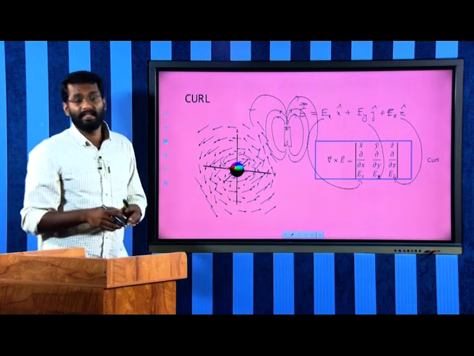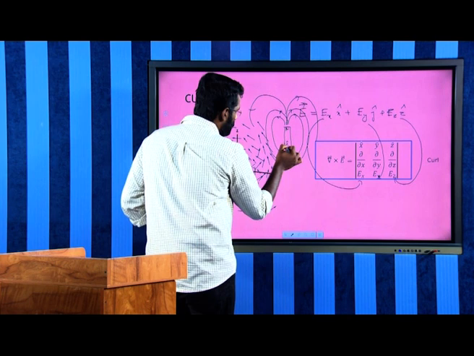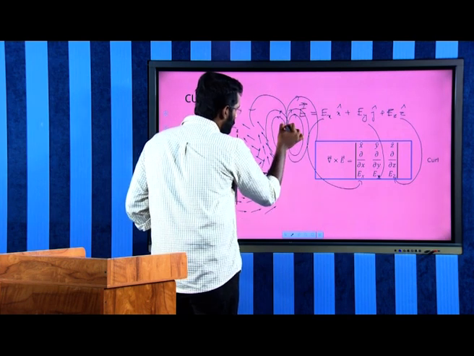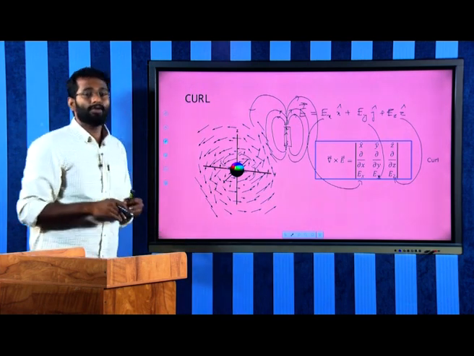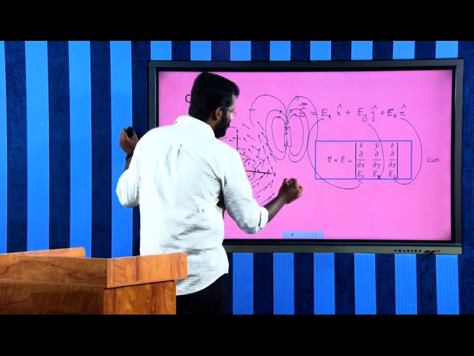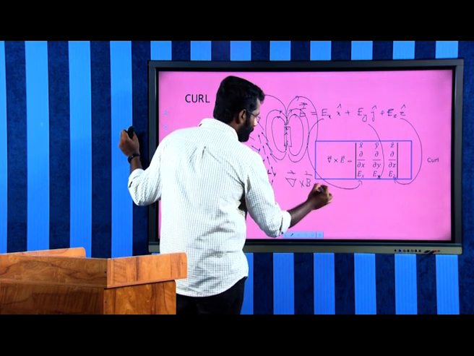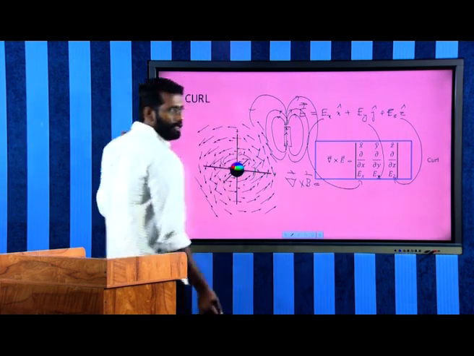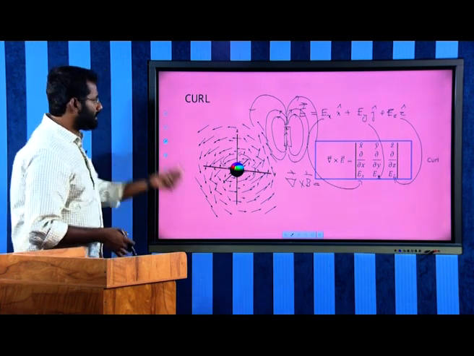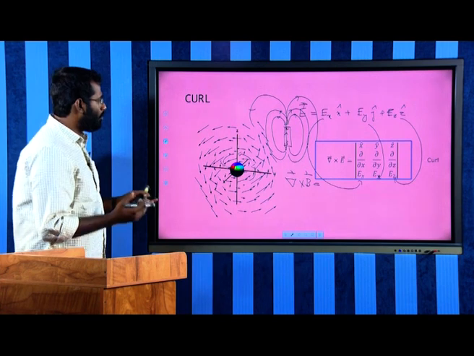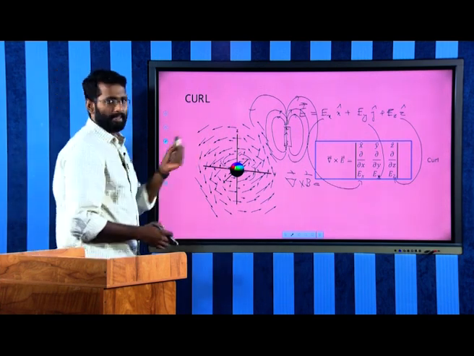The field lines are completing through here, so this is a curved or rotating kind of vector. So for a magnetic field, del cross B has a non-zero value, but in the case of the electric field it is 0, which we will calculate later. Anyway, curl measures the rotation, or how much a vector curls around an axis.